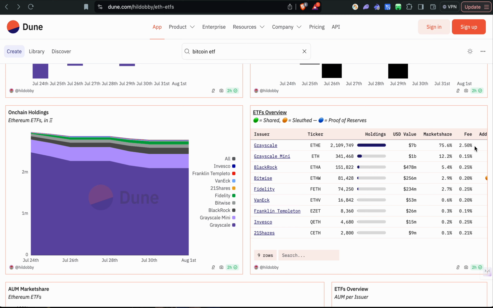So you have to pay 2.5% for the luxury of having an inferior version of Ethereum. So obviously, people who were holding this ETH, because it was the only available option before the ETFs came around, a lot of people are taking their money out of here and reallocating it to the cheaper ETFs.